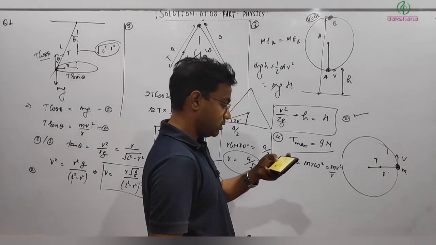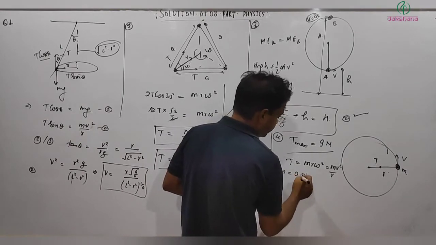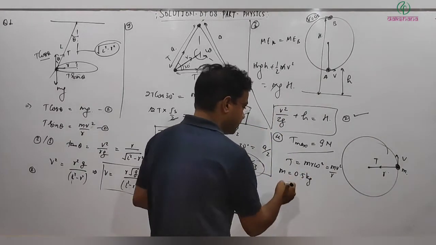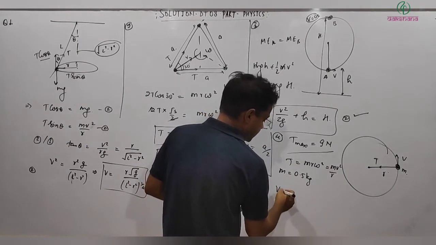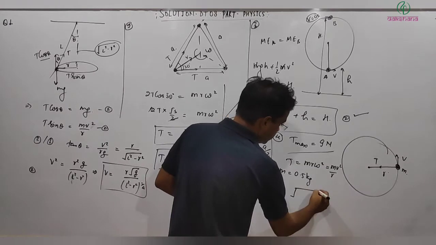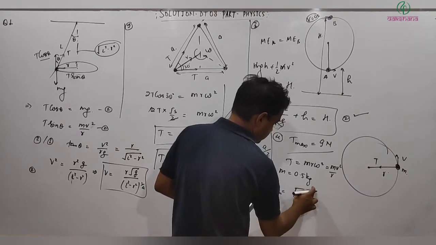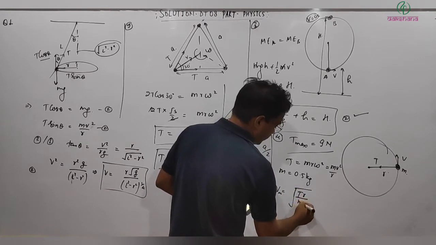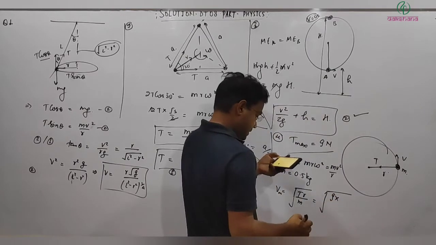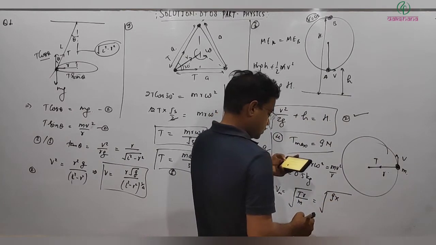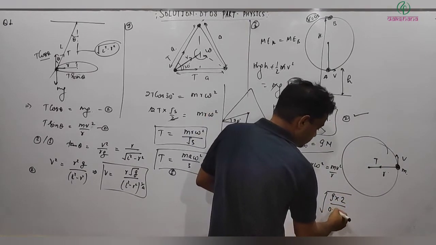String length is equal to how much? Mass is given as 0.5 kg, and v max we need to find, so that will be corresponding to T max. So v max you can write under root T r divided by m, that comes out to be T 9 Newton, R is given as 2 meter, divided by mass 0.5.